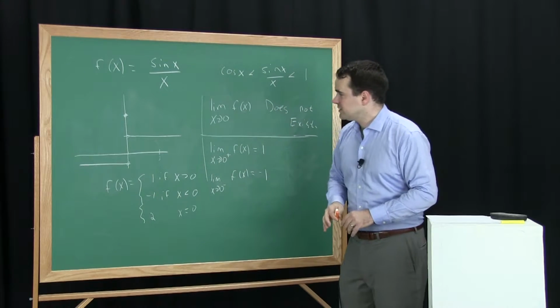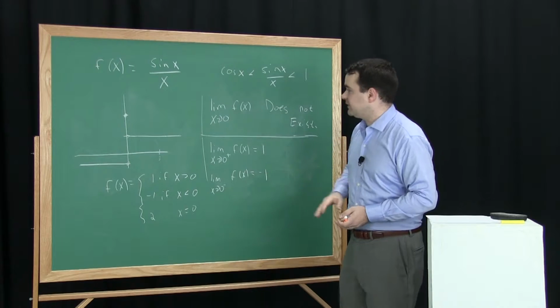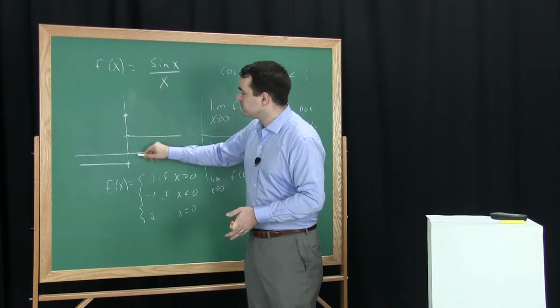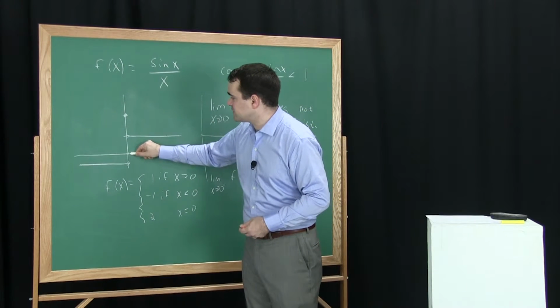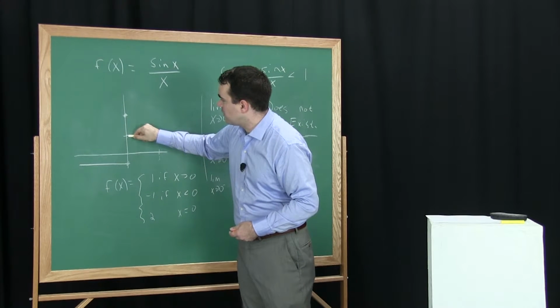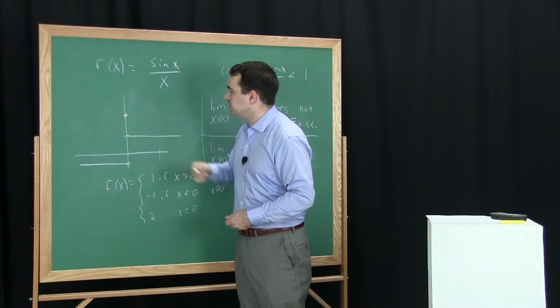Don't believe it. That's a red herring. These right-hand and left-hand limits, they're still equal to 1 and negative 1. The reason for that, you go back to that definition, whenever the x values are close to 0 but positive, those y values are always staying close to 1, in fact, equal to 1 here.